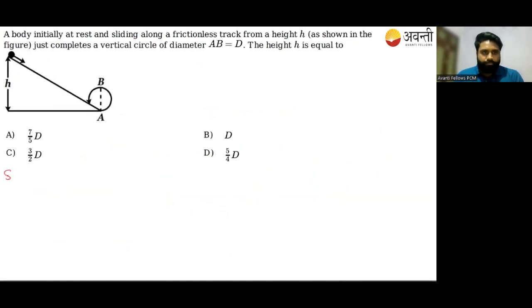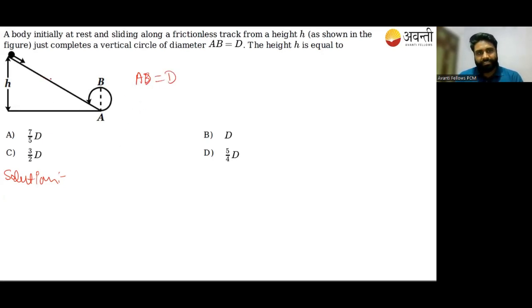Now, this question. A body initially at rest and sliding along a frictionless track from a height h just completes a vertical circle of diameter AB equals D. We have to find this height h to complete the circle. AB is equal to D, which is the diameter of this circle.